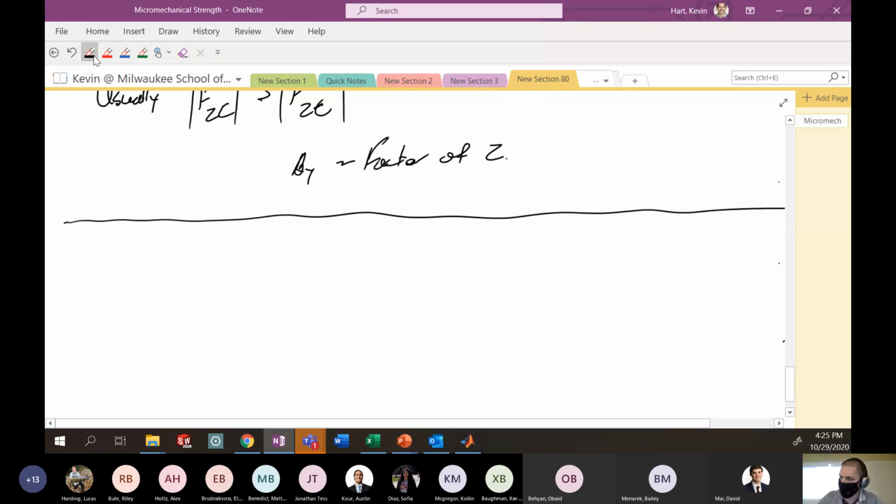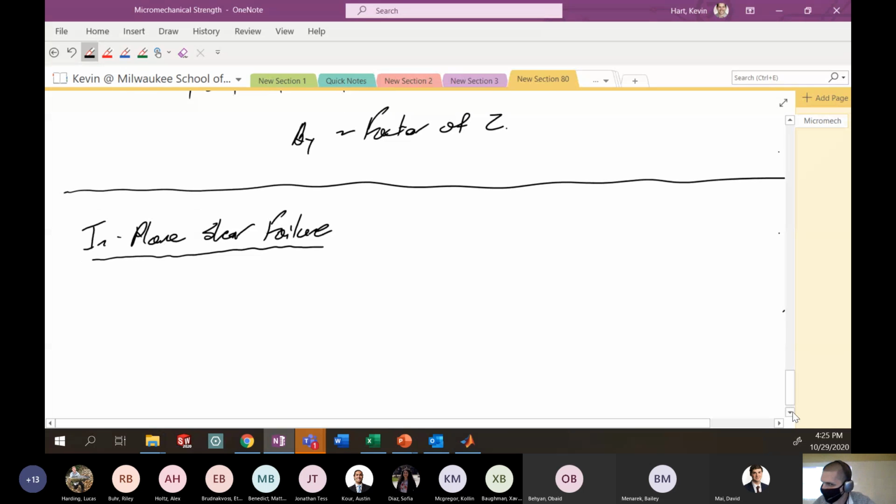All right. Last mode of failure we'll talk about is in-plane shear failure. Okay, what this guy looks like. We're going to apply a sigma 6.